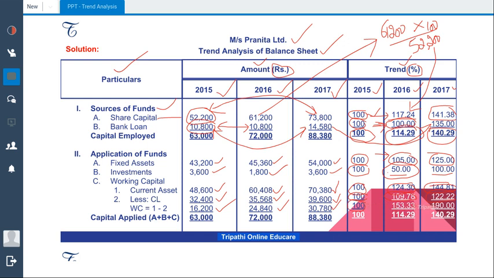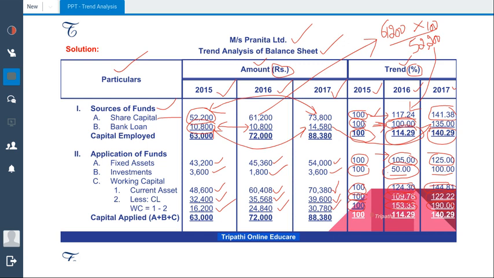And based on that, we came to know that working capital of the second year is 153.33%, and third year is 190%. So working capital of this company is increasing year by year. Now, one thing which you will have to keep in mind, that increase in working capital is not a healthy sign for an organization.